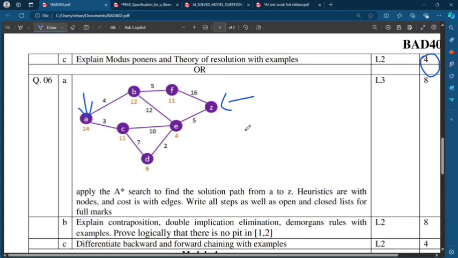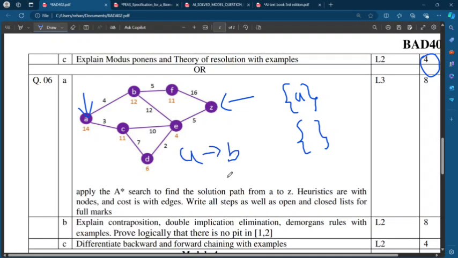So first, in the open list I'll add A, close list empty. Then I'll see the adjacent nodes from A. So from A you have A to B. How will you write A to B?